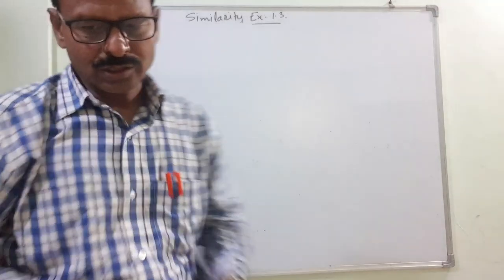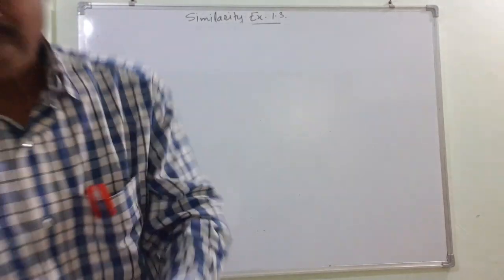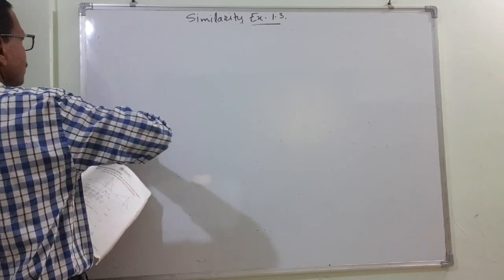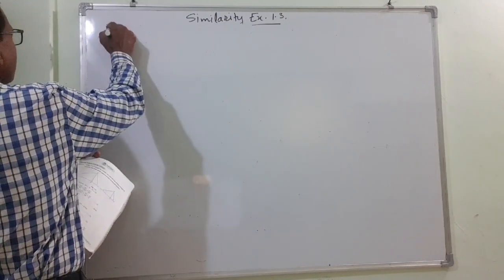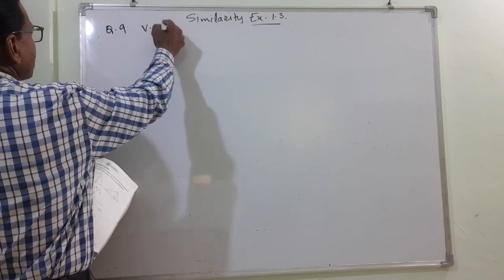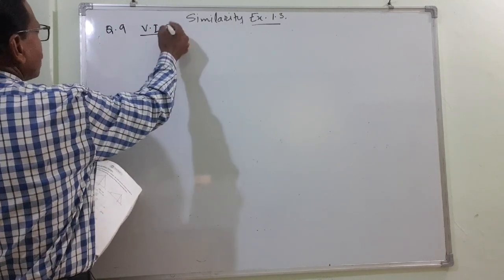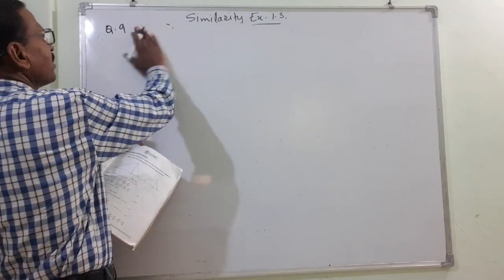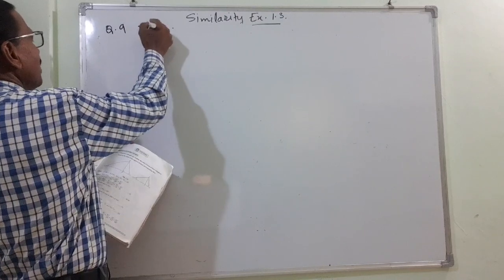Now, the last one, question number 9, very important question. You mark in that question 9. It is a VIP, very important person. So I will write I. Important.